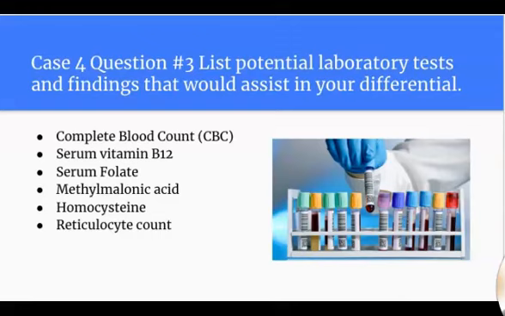Serum folate levels can help distinguish between folate and B12 deficiency. Methylmalonic acid and homocysteine levels will be elevated, and reticulocyte count will typically be low in a panel. Overall, there are many tests that can help confirm B12 deficiency diagnosis and rule out other causes that may cause a megaloblastic anemia.